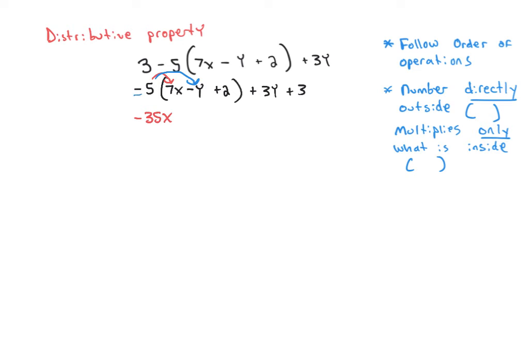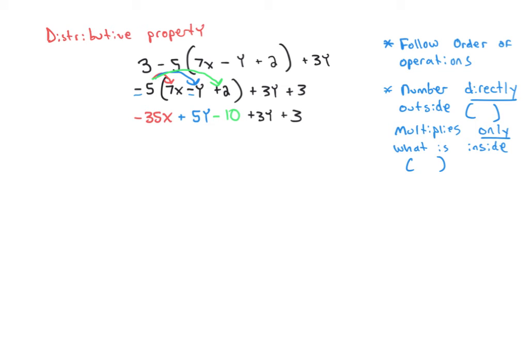So we have a negative times a negative, which is going to get us +5y. And then I've got -5 times +2, which is going to get me -10. And then I'm going to go ahead, my parentheses are now gone. I've done all the multiplication. And so I'm going to add on my other terms, my +3y and my +3.